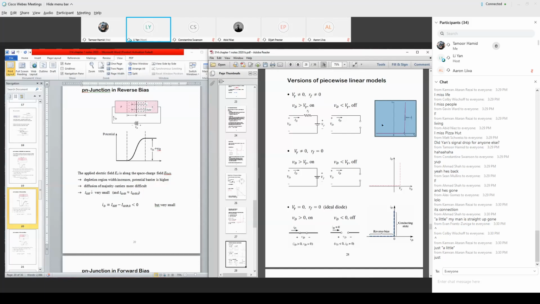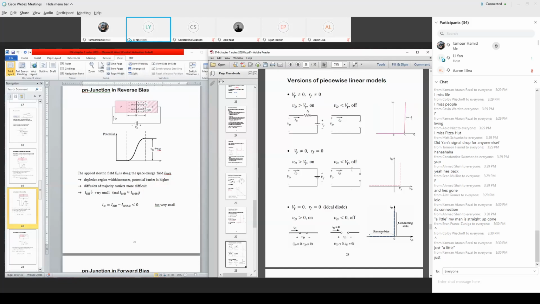Diode off means what? The diode is broken, and there's no current conducting through it. If the voltage is less than V gamma, there is no current; when the diode is conducting, the current shoots up very quickly. In another simplified model, we approximate the small resistance as 0.